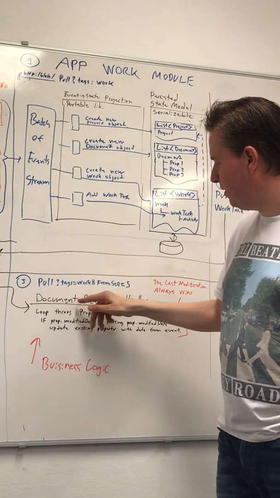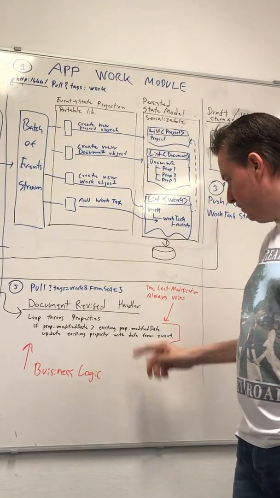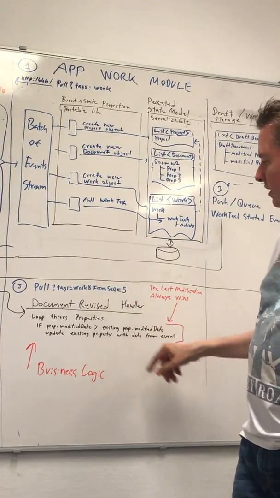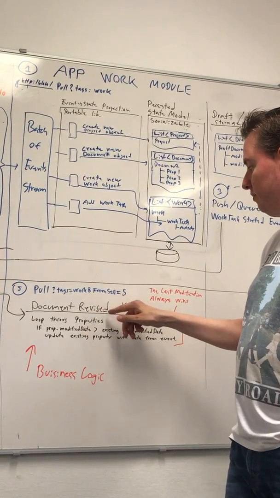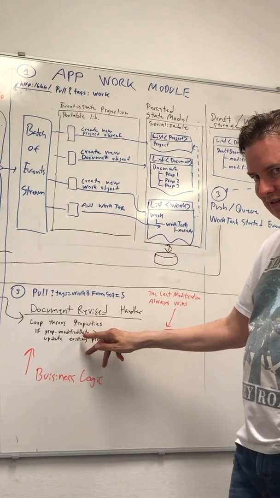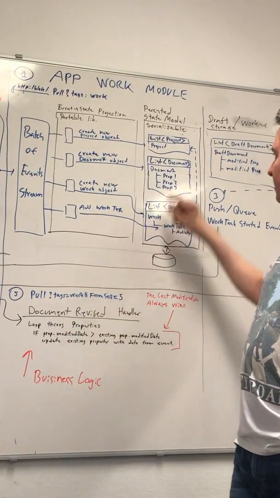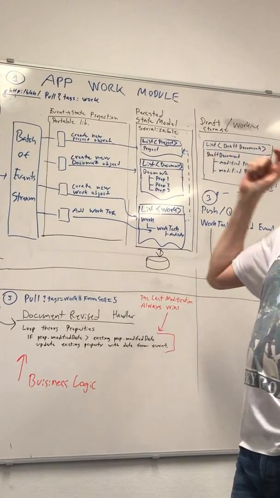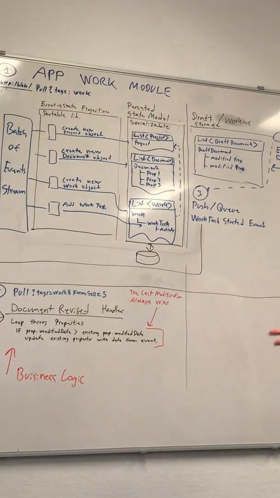So there will be a document revised handler. And now the magic happens, because what we're going to do here is loop through the properties of this document revised handler and look at the modified date. And if the modified date is greater than the existing properties we have here, we just update it. This is actually the logic to handle the conflicts.